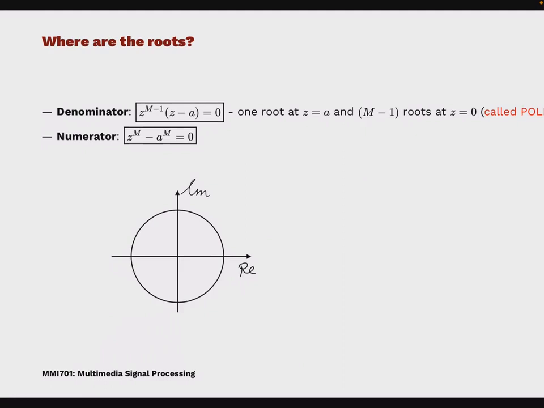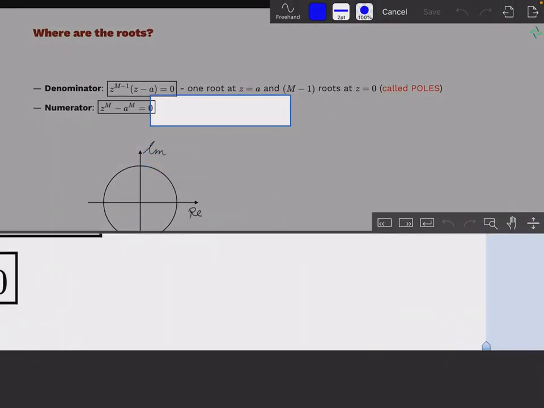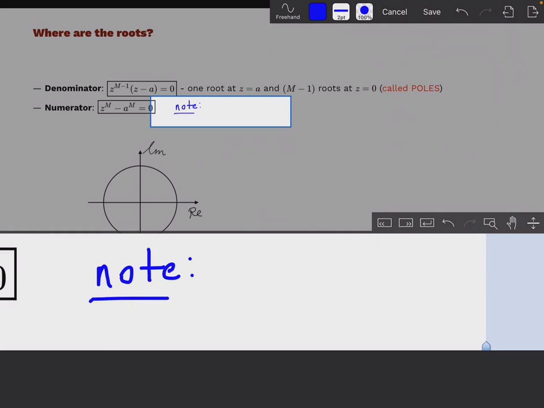We need to remember that z is a complex number. And when z is a complex number, we can just very simply remember something which is important. So let's write that as a note here. e to the power j 2 pi k is equal to 1, right?